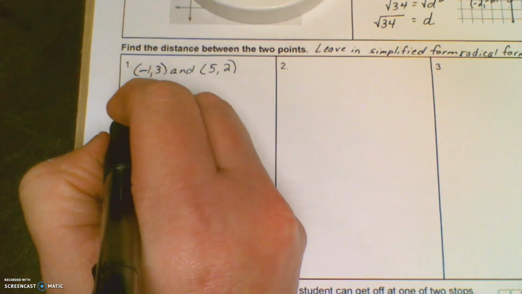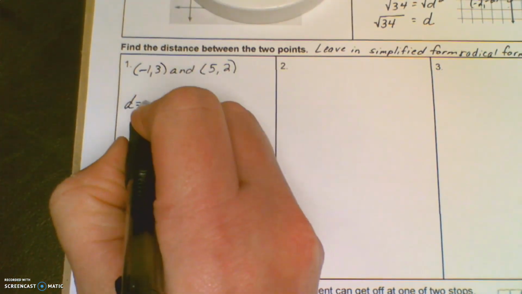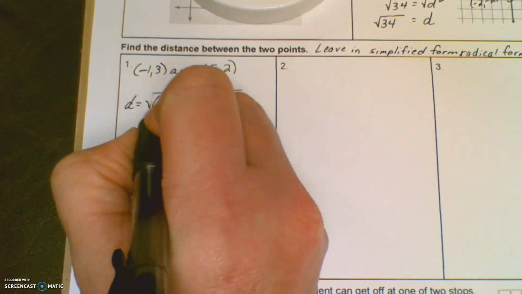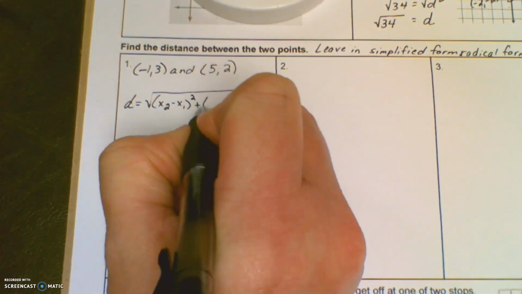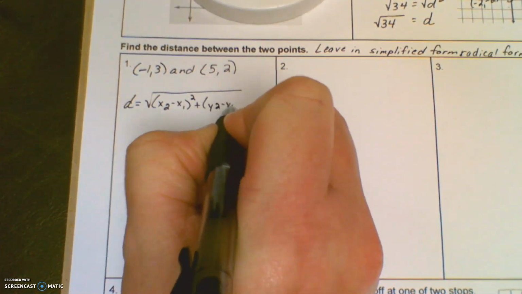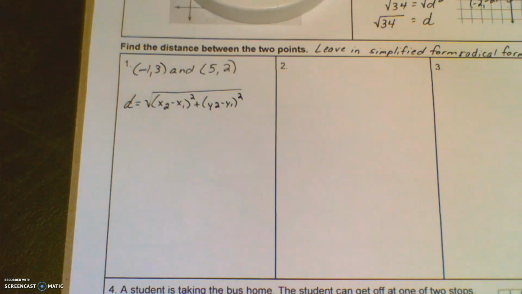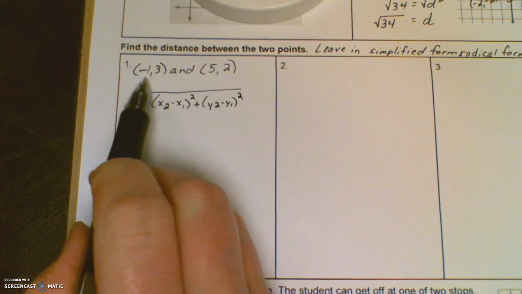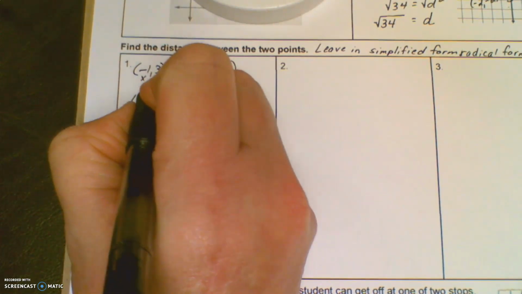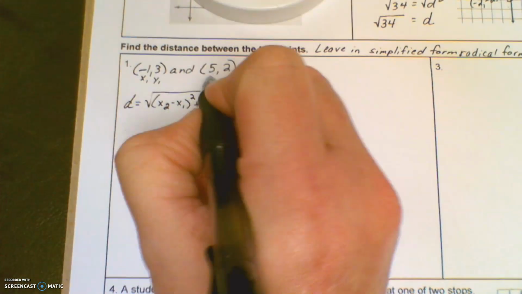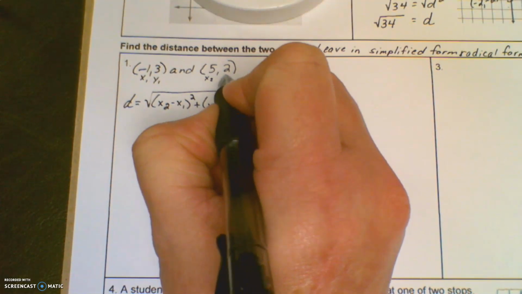Using the distance formula, I suggest that you label the ordered pairs x sub 1, y sub 1, x sub 2, y sub 2.